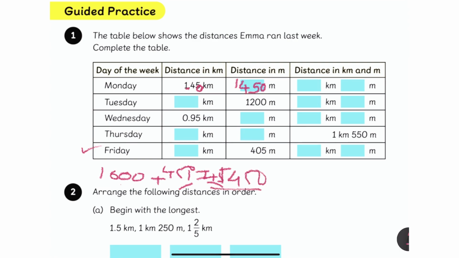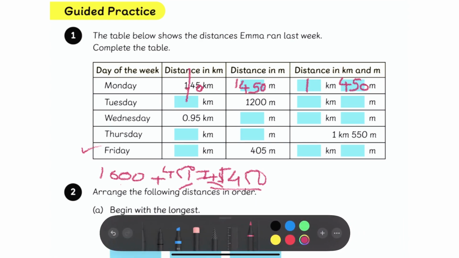That's why in explanation, I showed you all possibilities that you can actually reach. Now, distance in kilometer and meter, simply I will just bifurcate. So it's 1 kilometer, 450 meters. That's the reason we did this whole exercise today, so that I get my whole number with the method that I wish to apply.